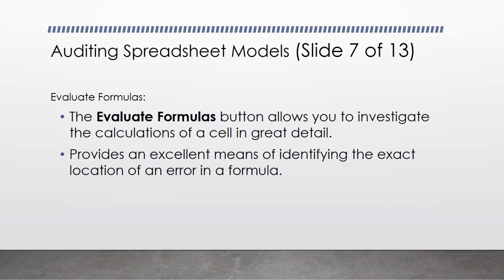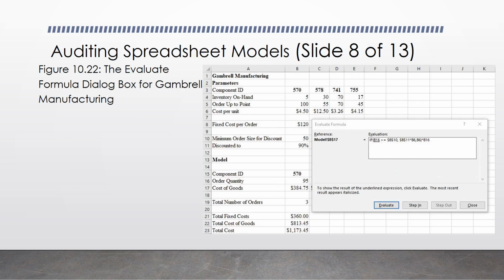Now, the Evaluate Formula button allows us to investigate the calculations of a cell in great detail. And this provides an excellent means of identifying the exact location of an error in a formula, just like this figure, which uses Evaluate Formula for the Gambrel Manufacturing.